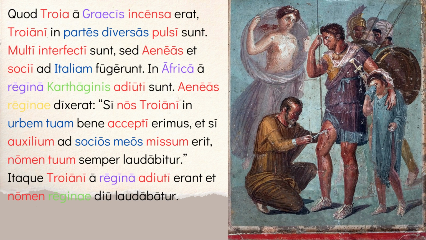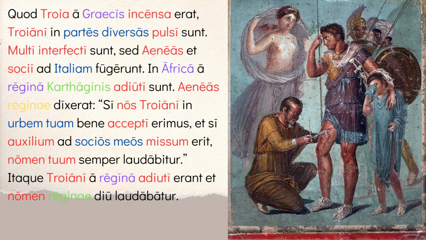Okay. Then you have a quote: "Si nos Troiani in urbem tuam bene accepti erimus, et si auxilium ad socios meos missum erit, nomen tuum semper laudabitur." So you're saying, if we Trojans, nos Troiani, there's our subject, if we accepti erimus, it's fourth principal part plus the future of the verb to be. So this is future perfect, passive voice.